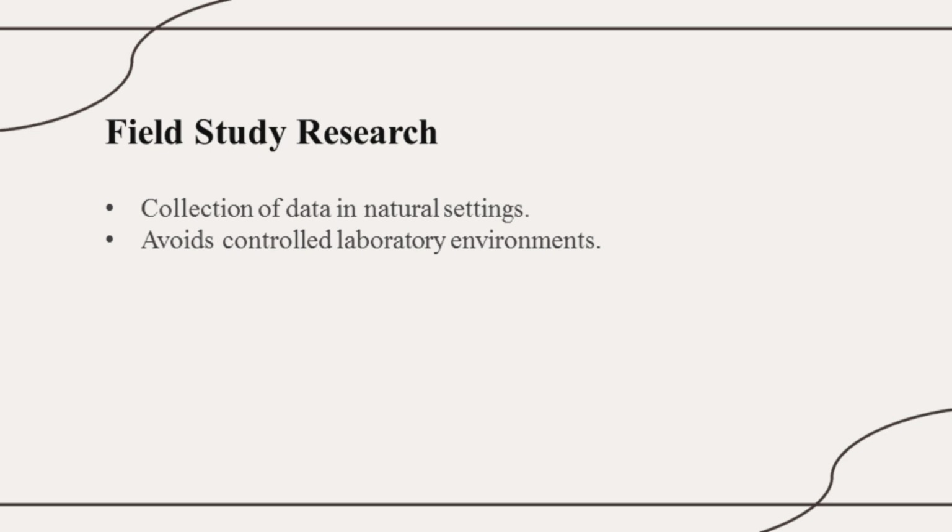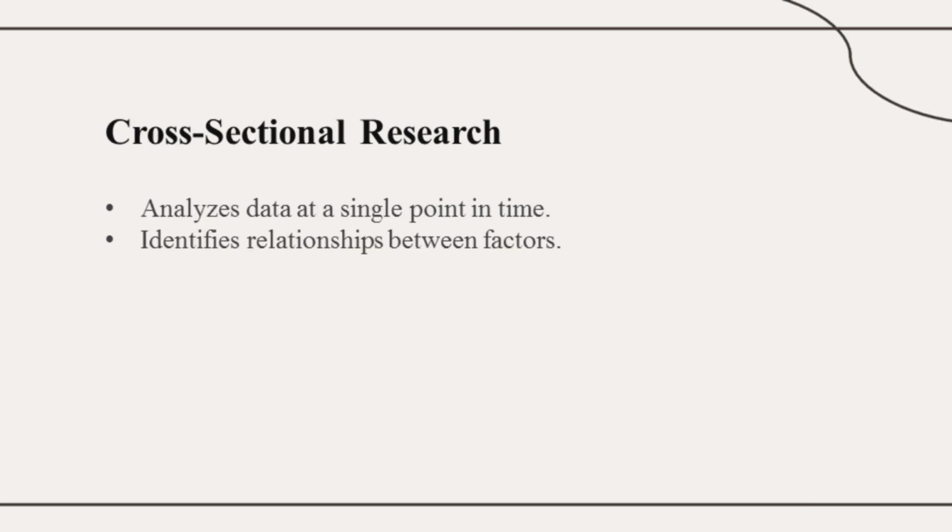We will not be making any changes to any variable. We will just observe how people react in the natural environment, how the problem is in the real world, and collect the data. For example, observing and documenting wildlife activities in their native environments. So this is known as a field, laboratory, or simulation type of research.